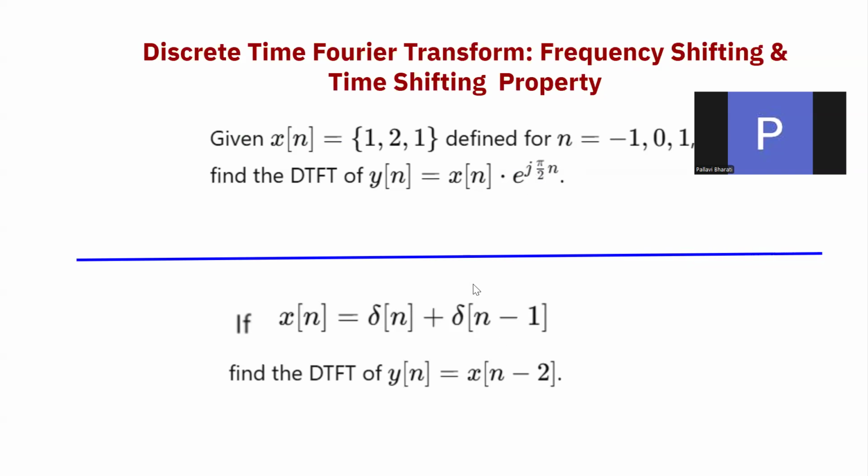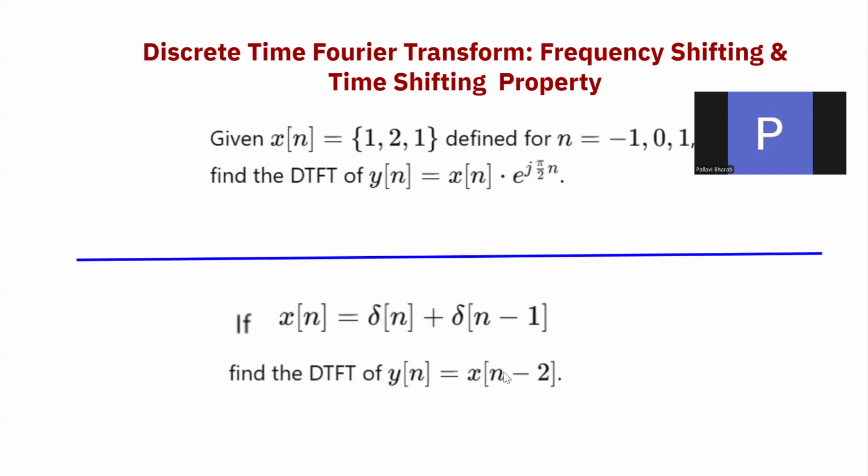The next one was the time shifting property. So these two properties you can take as opposites of each other. When you are multiplying in the time domain with a certain frequency, then in the frequency domain there is a shift in the frequency. And here, what does it mean?